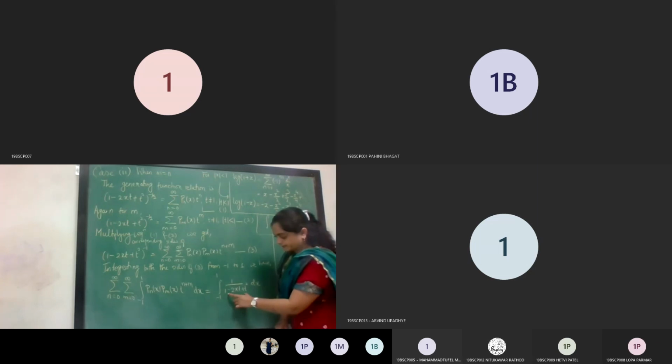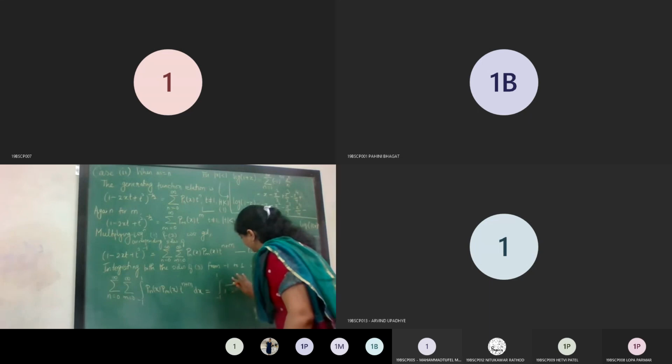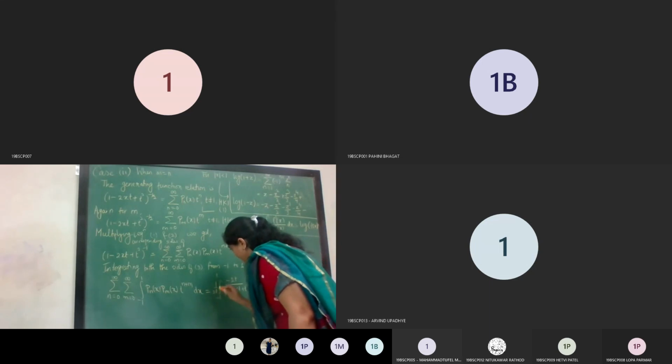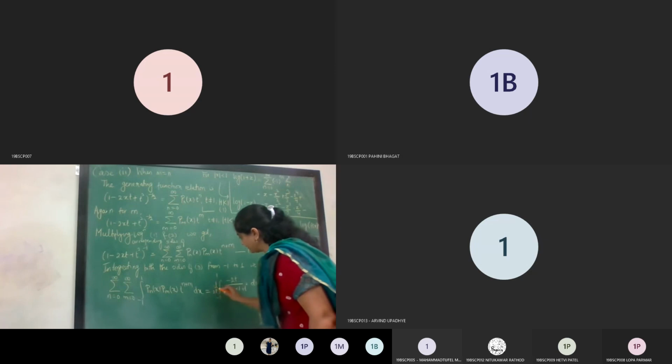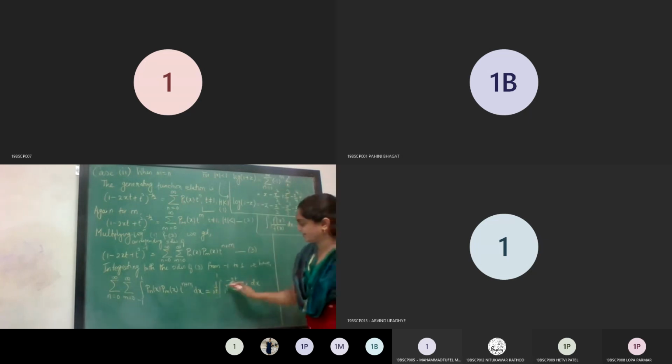Here we have the function f of x, but we don't have the corresponding derivative of it. The derivative of this with respect to x is minus 2t. So I will multiply and divide by minus 2t, so that I can have this particular form, and hence I can use the corresponding formula.